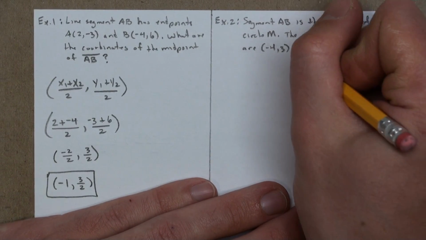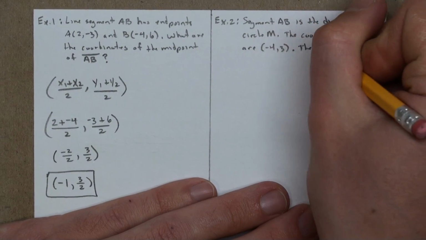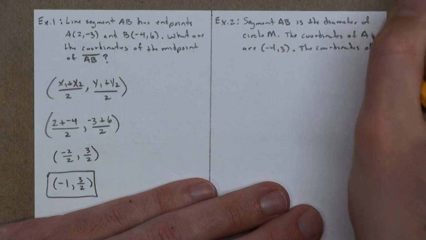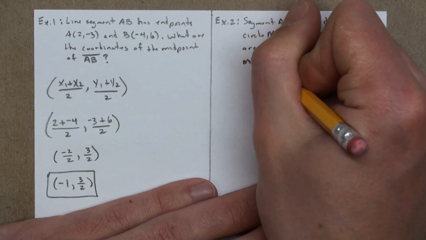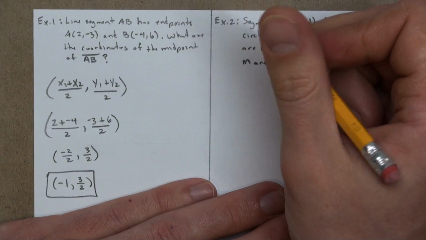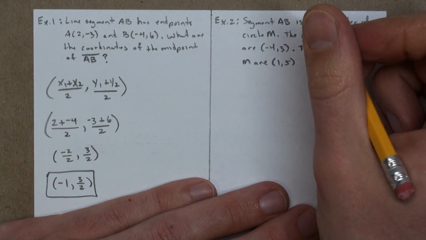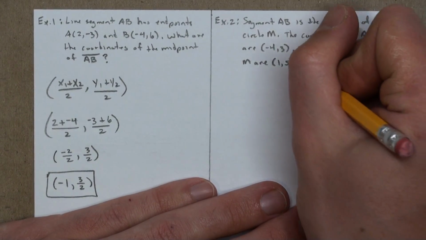The coordinates of M are 1, 5. What are the coordinates of B?